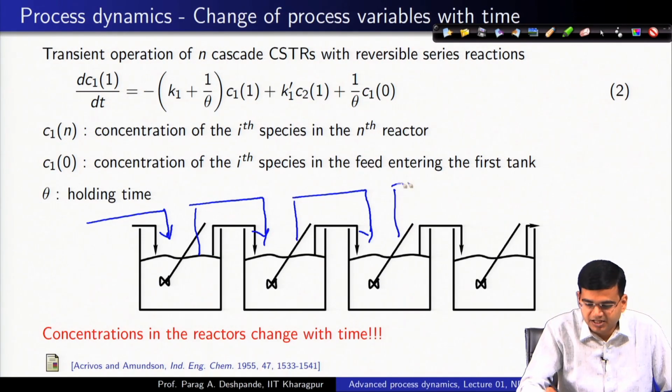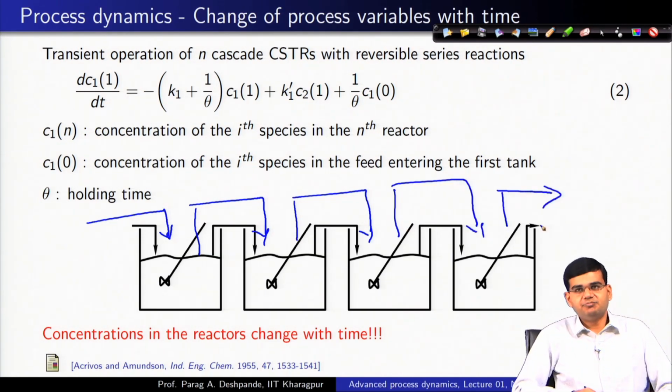Again, during the steady state operation, you would expect the model equations to be independent of time, but when transient operation takes place, the concentrations of the species inside the CSTR change with time, and therefore, you need to understand the dynamics of the system.